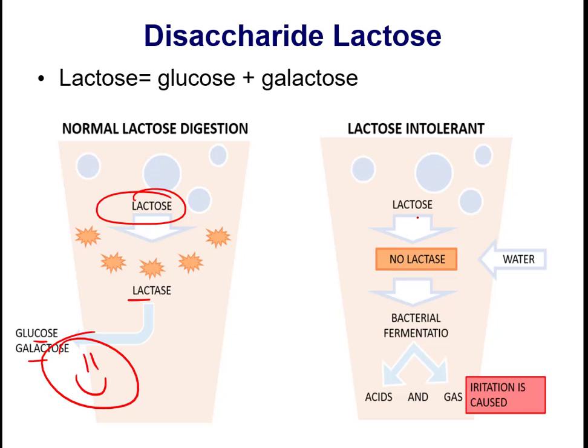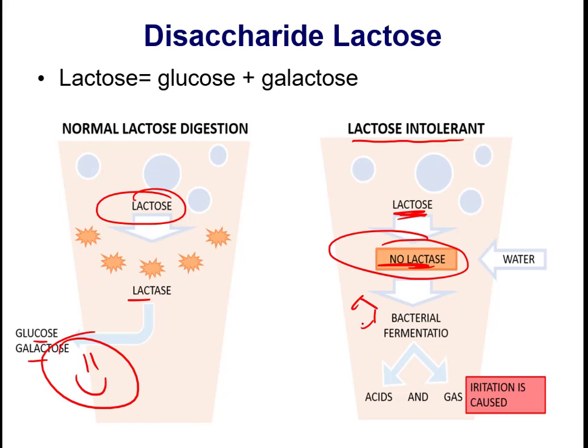Some people have this condition called lactose intolerance. Someone who is lactose intolerant does not make this enzyme lactase, either because maybe they have a genetic predisposition where they don't make it at all, or sometimes as we get older, we stop making enough. So when someone eats milk, lactose, their body cannot break down the lactose.